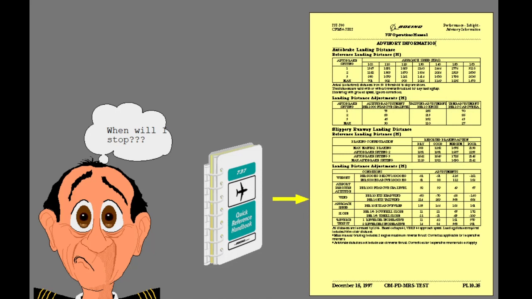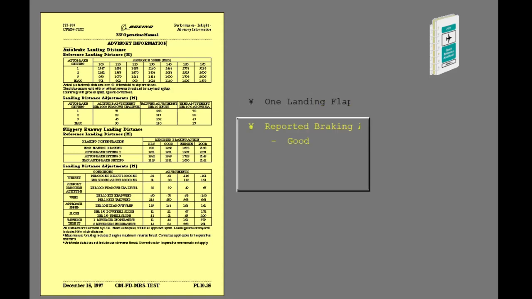Slippery runway landing distance is included in the Quick Reference Handbook as advisory information to assist flight crews in evaluating the expected performance of the airplane when landing on slippery runways. The QRH information is provided for one landing flap setting and for pilot-reported braking actions of good, medium, and poor.